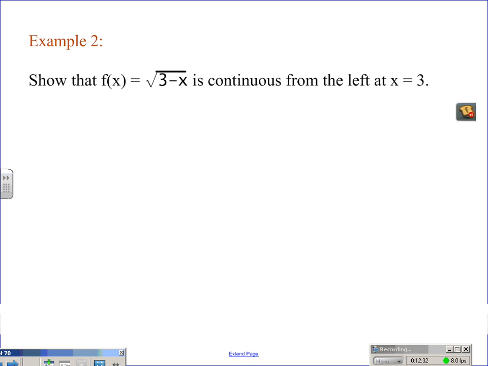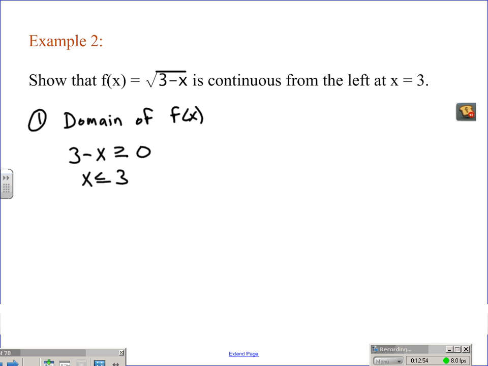Okay, now we have an example, and we want to show that f of x is continuous from the left at x equals 3. So the first thing I'm going to consider is the domain of f of x. We know that the radicand has to be greater than or equal to 0, which means that x is going to be less than or equal to 3.